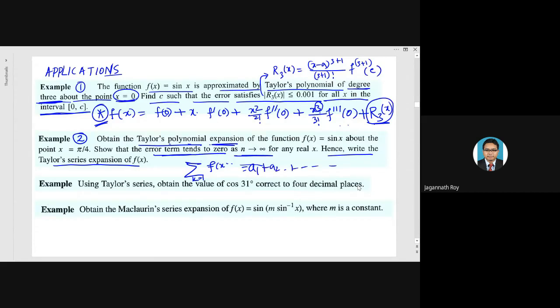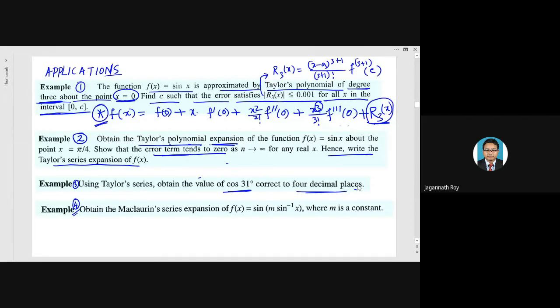Not only that, it can also be used to find the approximate value of cosine 31 degrees up to 4 decimal places. So these 4 examples we'll try to look into.